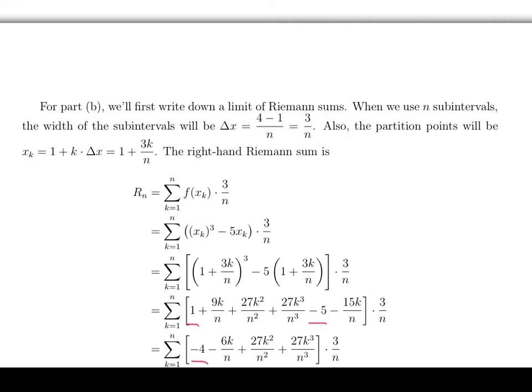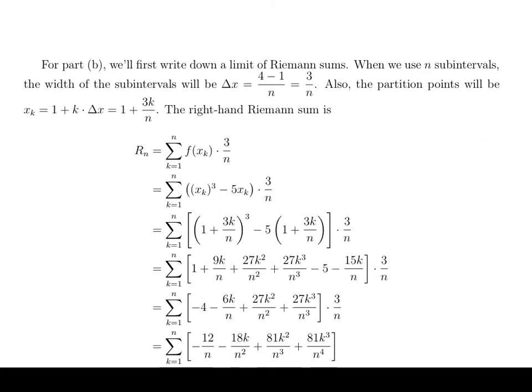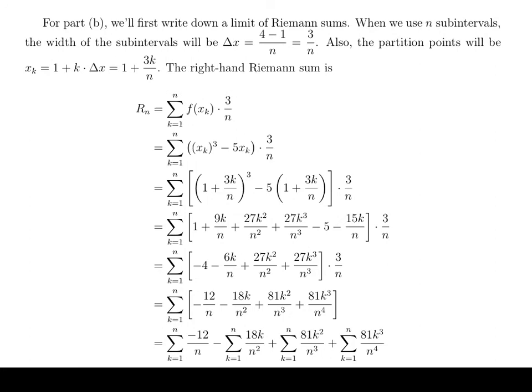And then the 9k over n and the minus 15k over n give us a minus 6k over n. We'll distribute the 3 over n, and now we get this expression. The last thing I want to do before we do some other work is run this sum through each piece. The sum can go onto each piece that we're summing, and then we'll work out each one of these sums separately.